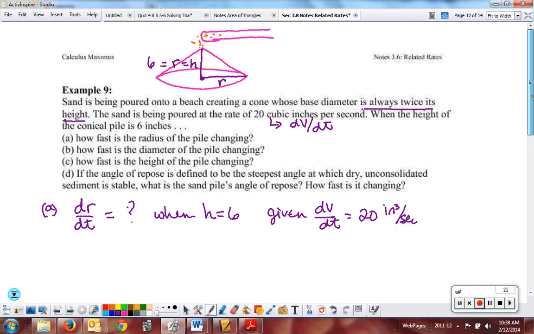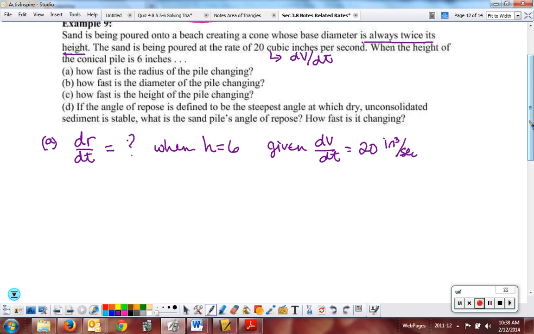What is the formula for volume, radius, and height? Almost. Squared. Pi r squared h, because I get cubic inches, so I can't have r cubed h, because that would give me inches to the fourth. So, a little dimensional analysis there.